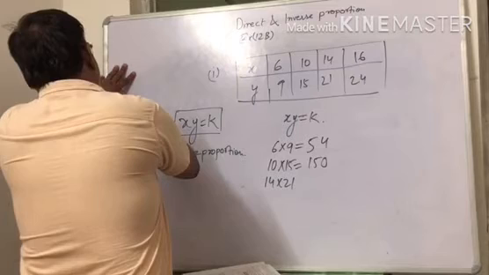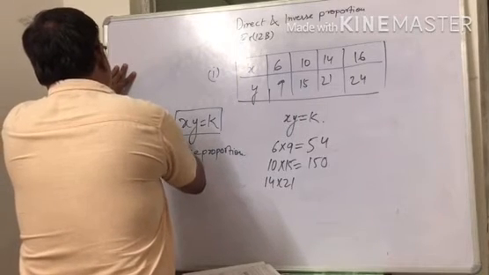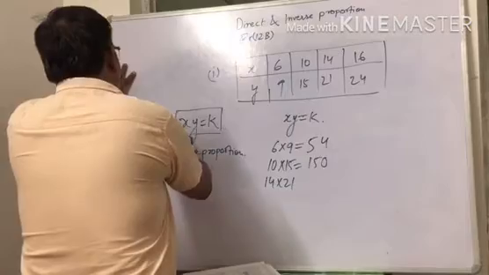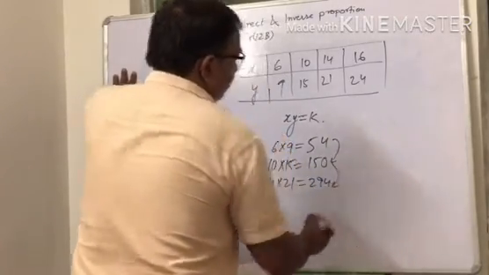It is 294. Now see, all the values are different.